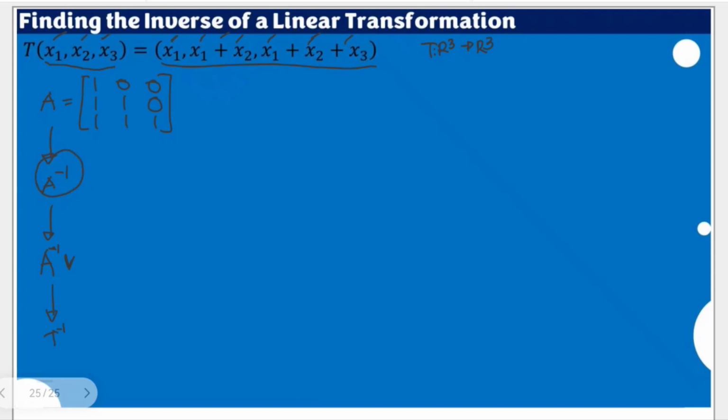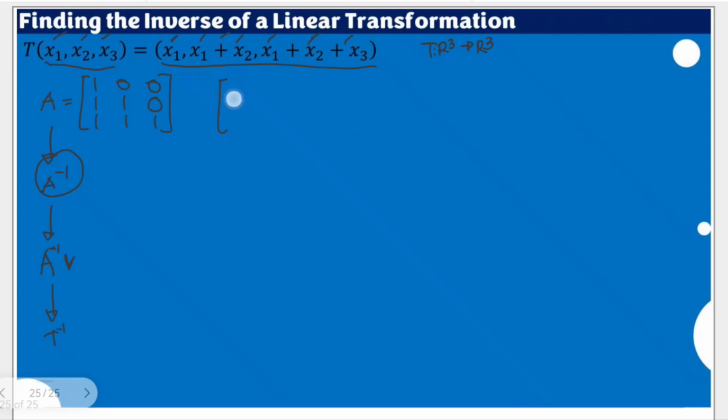Now, we will show the second step, the inverse. For the inverse of our standard matrix, we will not be using the theorem involving determinants from last time, because that is only for a 2 by 2 matrix. What we could do is use this process.